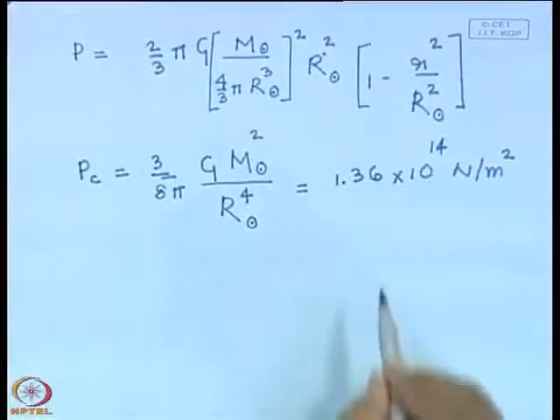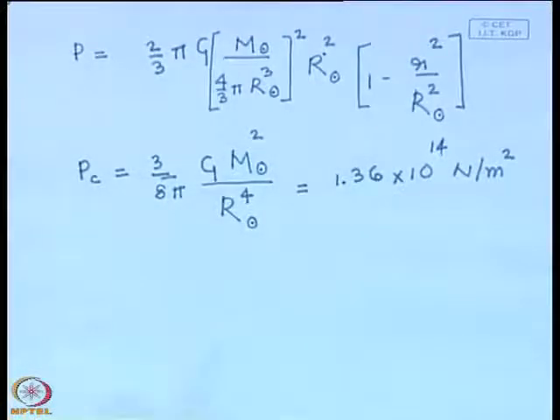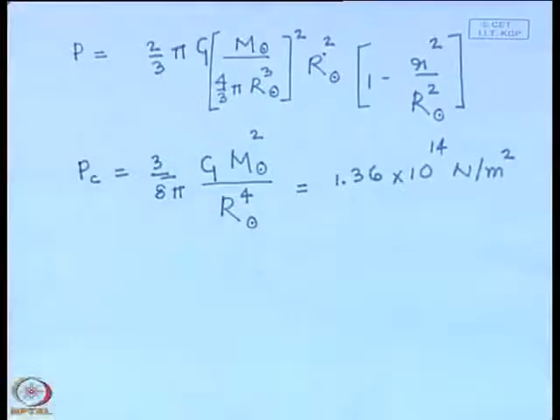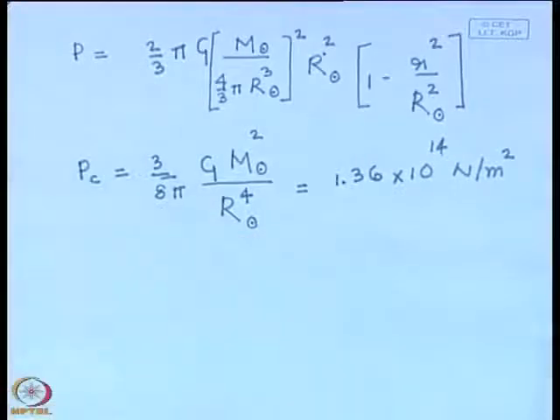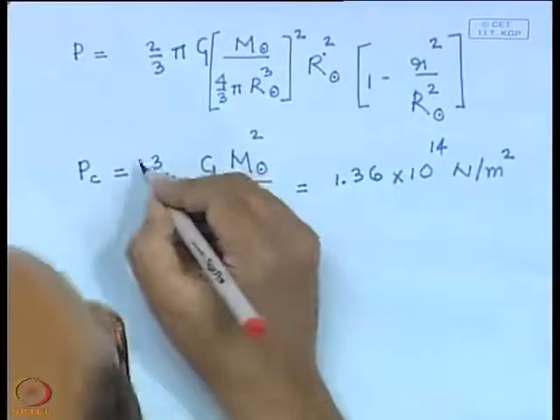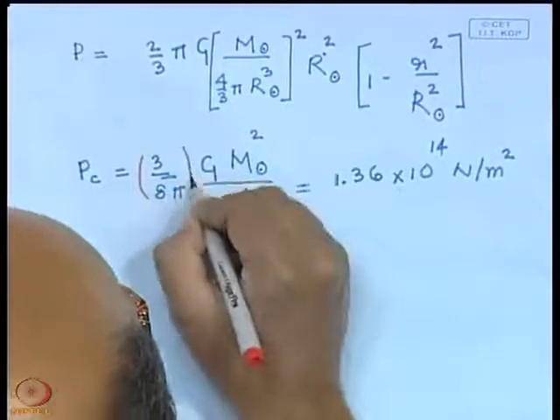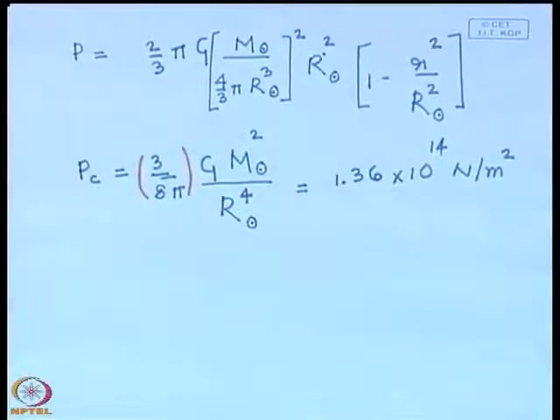Okay. So this is an estimate of the pressure at the center of the sun. Now I should point out that in this expression we have made some drastic assumptions, and these drastic assumptions give us this result. This numerical factor depends crucially on the assumptions that you make. If you had assumed some density profile, then this numerical factor would have been different.